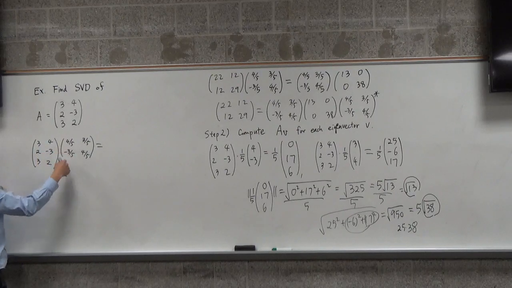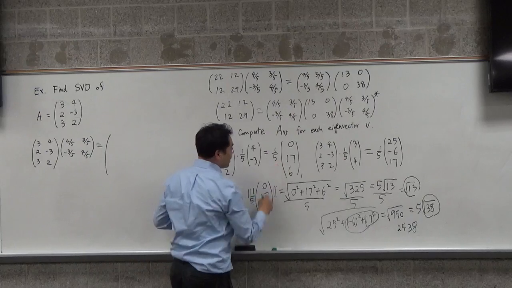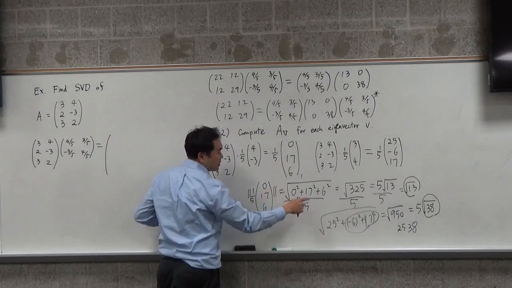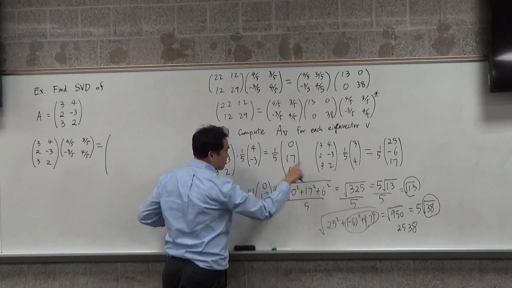This times the first vector gave us this vector, right? But to make it a unit vector, you have to divide by square root of 13.